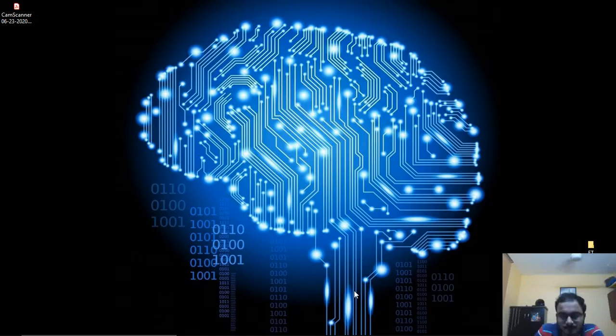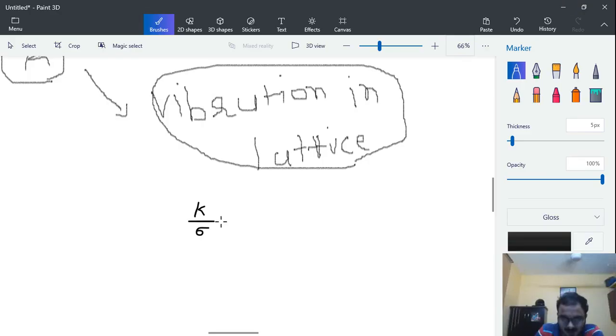So this ratio is proportional to the temperature. So the meaning of this is that it implies that the value of K divided by sigma T equals constant.